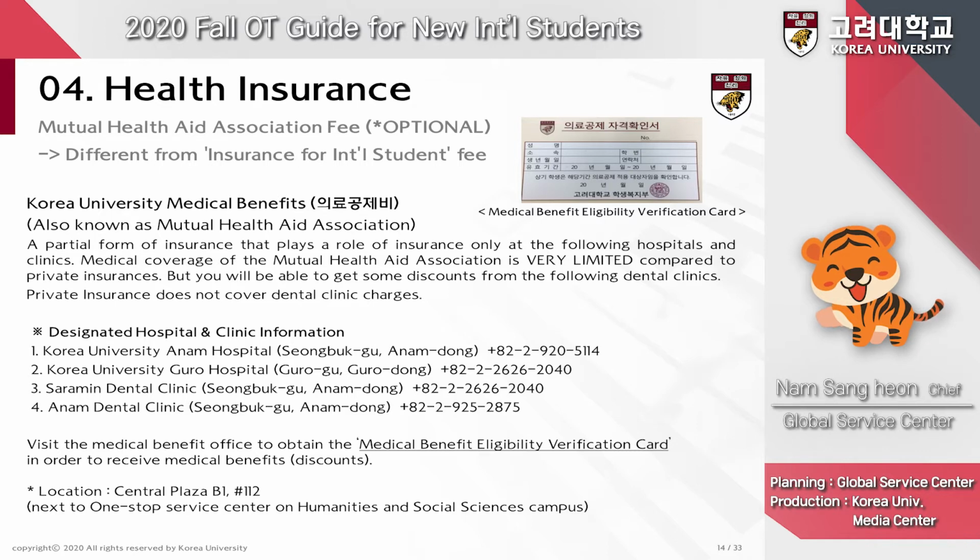If you paid Mutual Health Aid Association fee when you paid your tuition for this semester, you can follow the instructions listed here and get your medical benefit eligibility verification card and show this card at the designated dental clinic to receive a discount on your treatment.